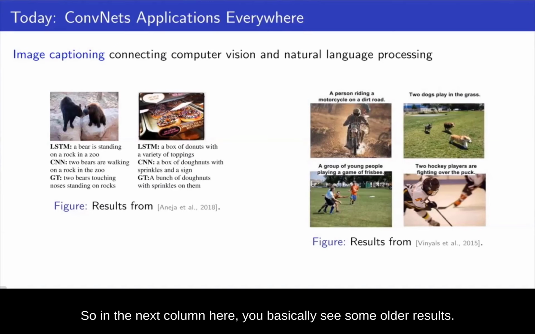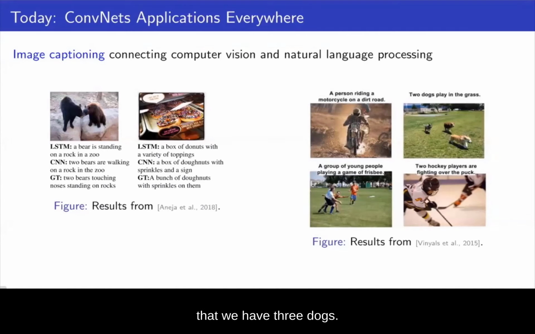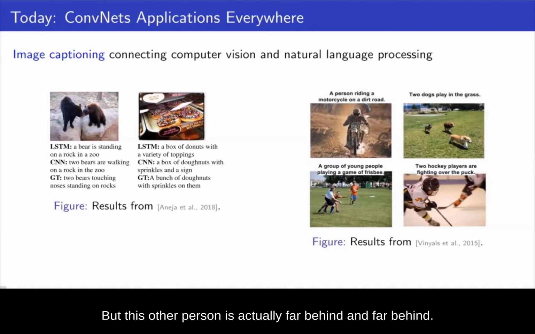In the next column here, you basically see some older results. On the right, we see some small errors. In the first image, it says that 2 dogs are playing on the grass, where we see that we have 3 dogs. And on the bottom, it says that 2 hockey players are fighting over a puck, but this other person is actually far behind, and only this person is there in the front.